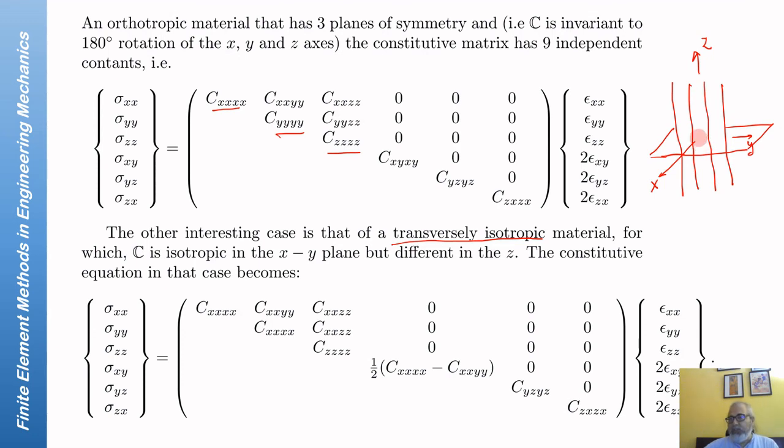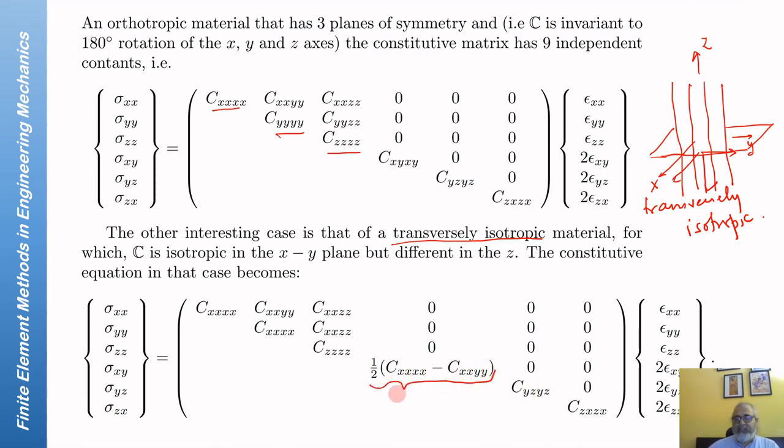Also, it will not know if you have flipped the z-axis. So this axis system and this axis system will also yield the same stiffness. So for this kind of a material where there's one direction perpendicular to a plane of isotropy, it is called a transversely isotropic material, and it requires five independent constants, and this is the structure of the stiffness.